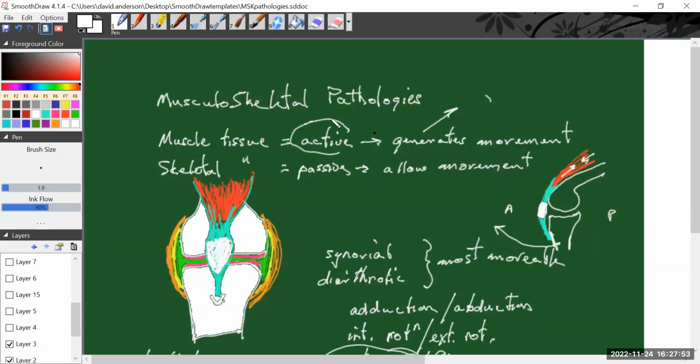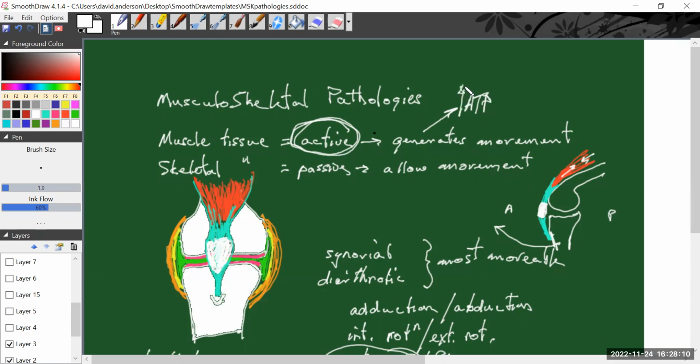Well, if it's active, what do you know has to be around? Has to be available to be utilized. Is it ATP? Sure it is, yeah, ATP.